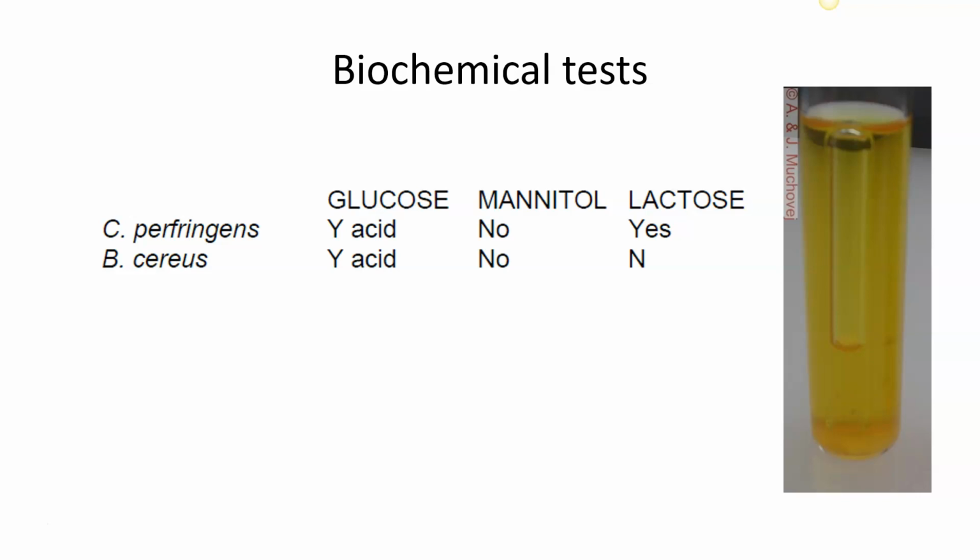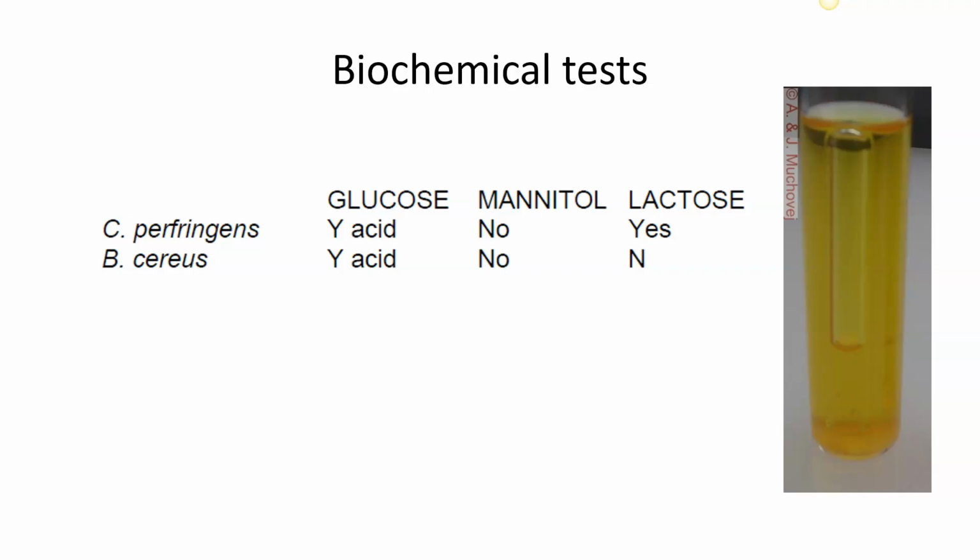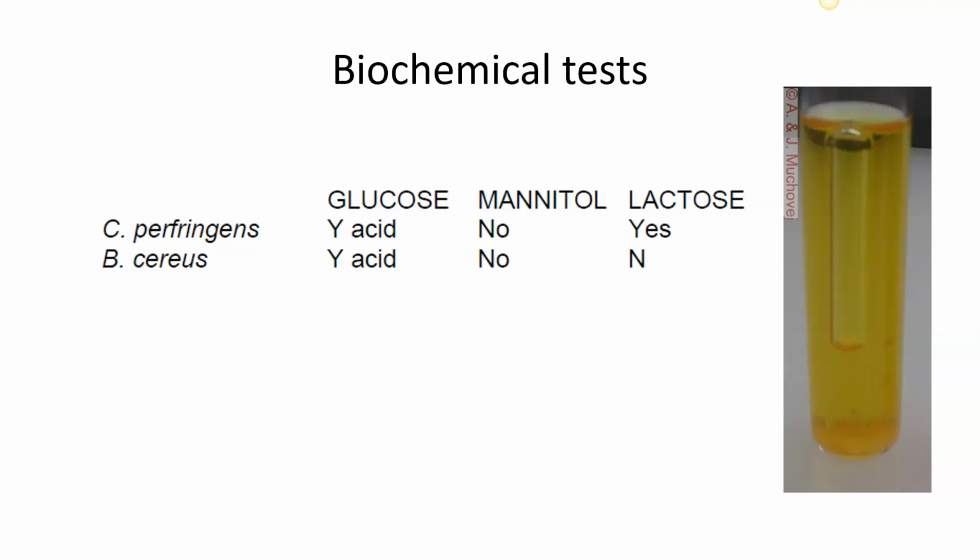Now, that's our result on the lactose broth. That is a positive result with the production of gas. Therefore, what we've got is Clostridium perfringens as our suspected organism. Now, there are a lot of different scenarios we could do like this and a lot of different biochemical tests.